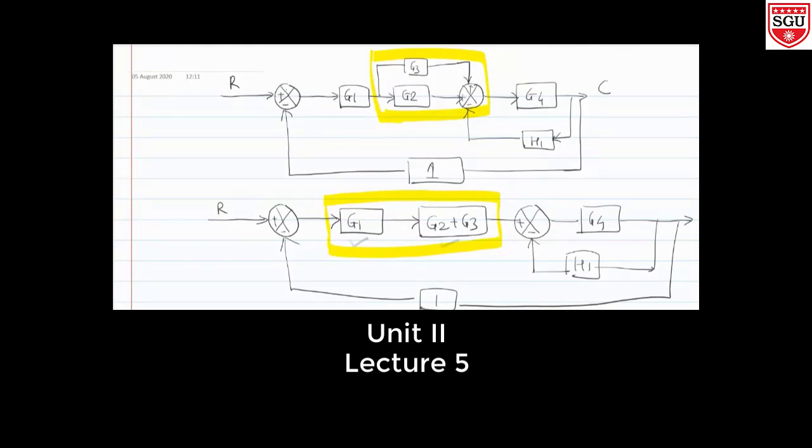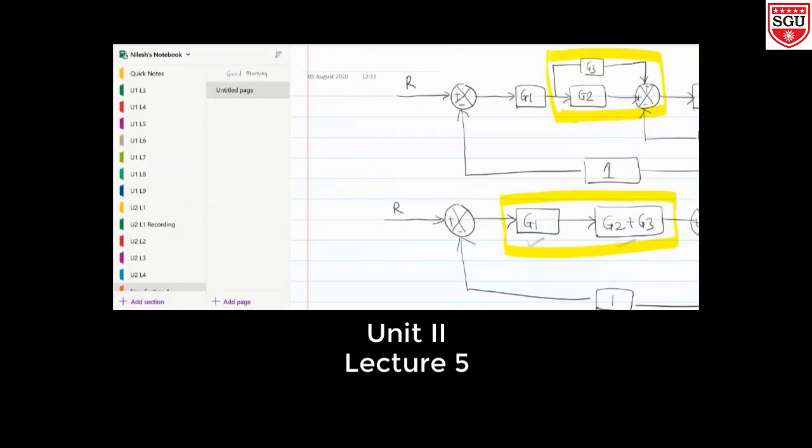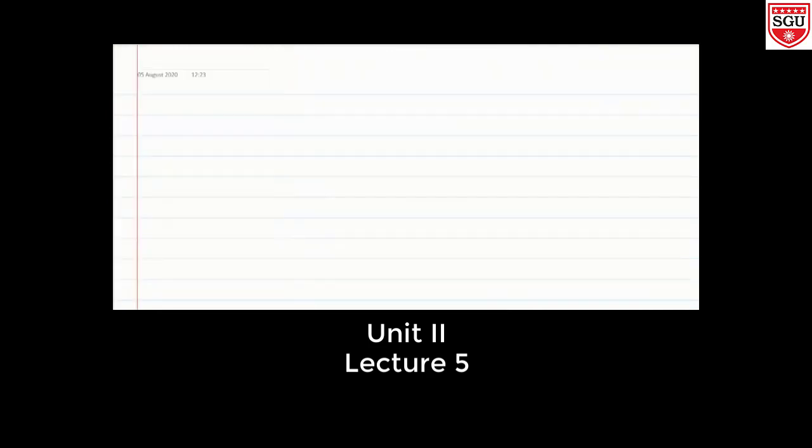So I will start with another problem. This will be the last problem for today. R is the input. Here plus minus. After that there is a G1. Then there is one summing point.